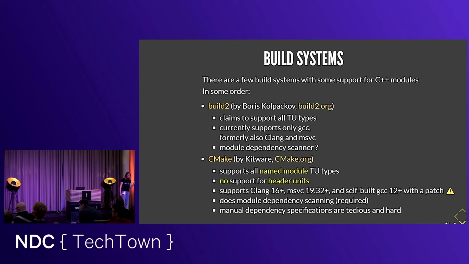Then there is CMake. Finally, since version 3.25, it has an experimental support for modules, but it only supports named modules, no header units. And it requires quite recent compilers, and it requires also a dependency scanner that comes with the compiler or is built into the compiler. You still can do module dependency specification by hand.